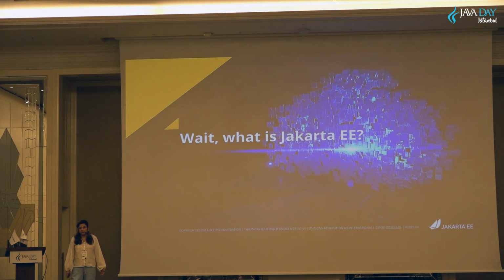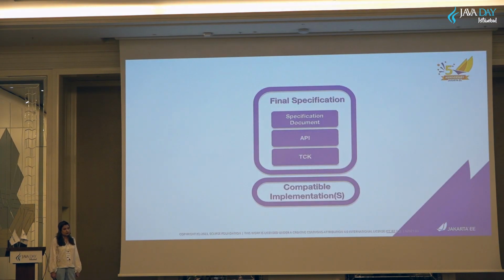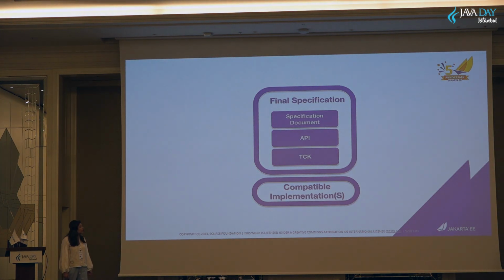But what is Jakarta EE? Jakarta EE is all about the specifications. And with the specifications, we're talking about a specification document and APIs. It can be a number of APIs or no APIs. It can be a document or a Javadoc. That's an artifact of what the specification is.